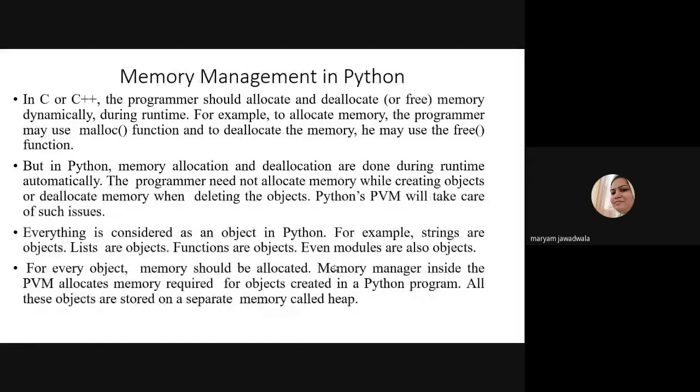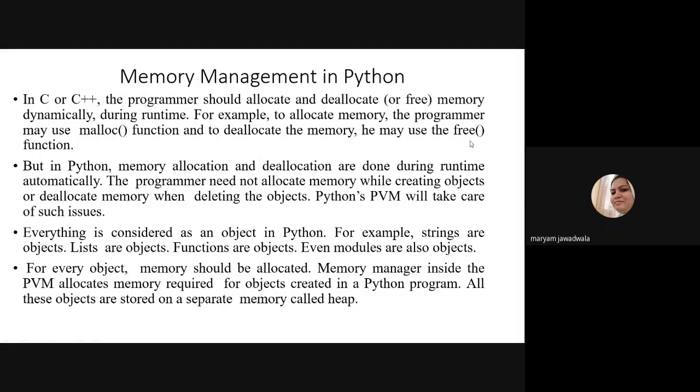Now, next very important concept is memory management in Python, how the memory is managed in Python. In C or C++, the programmer should allocate and deallocate memory dynamically during runtime. For example, to allocate memory, the programmer uses the malloc function, and to deallocate memory, the programmer should use the free function, right?